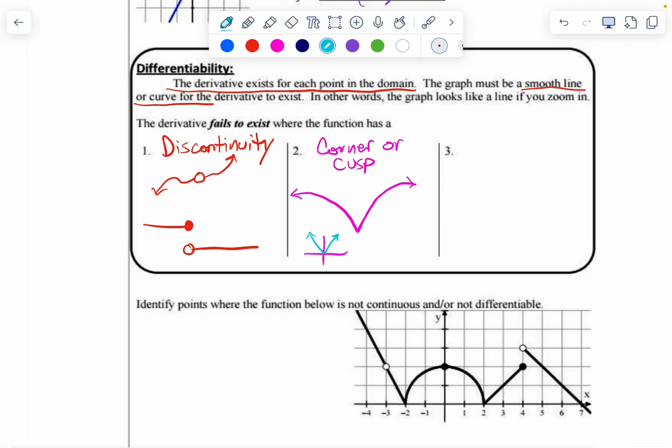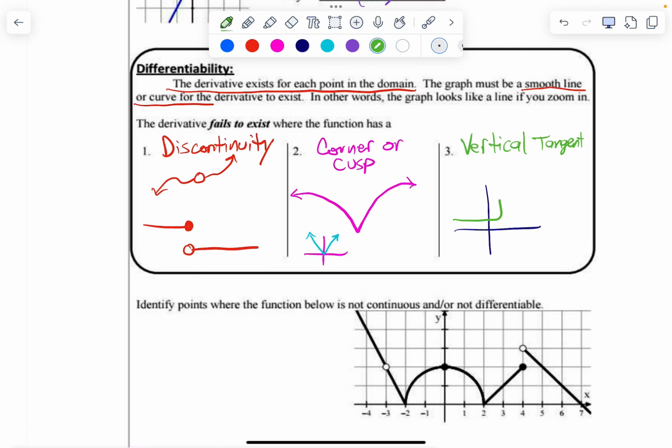Okay, and then number 3 is a vertical tangent line. So think of a graph. Let's make a little axis here. Something like this. Like almost a cube root function, something like that. But that point, somewhere in here, would have a vertical tangent line.